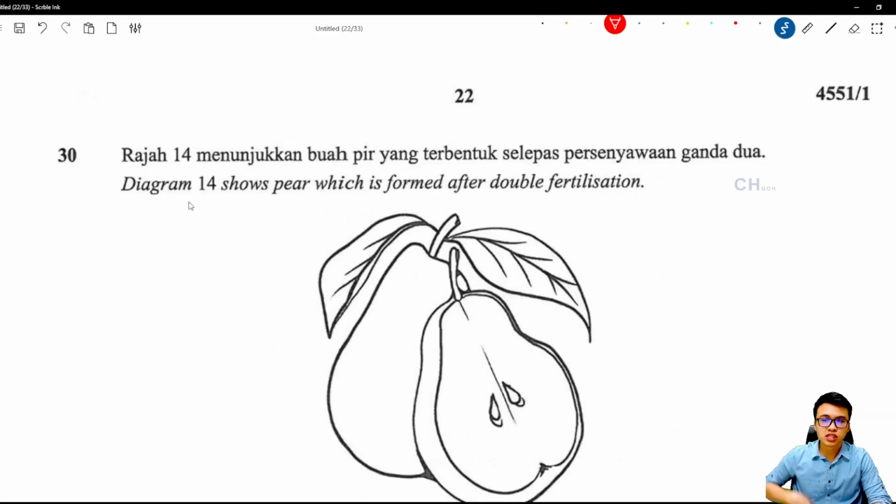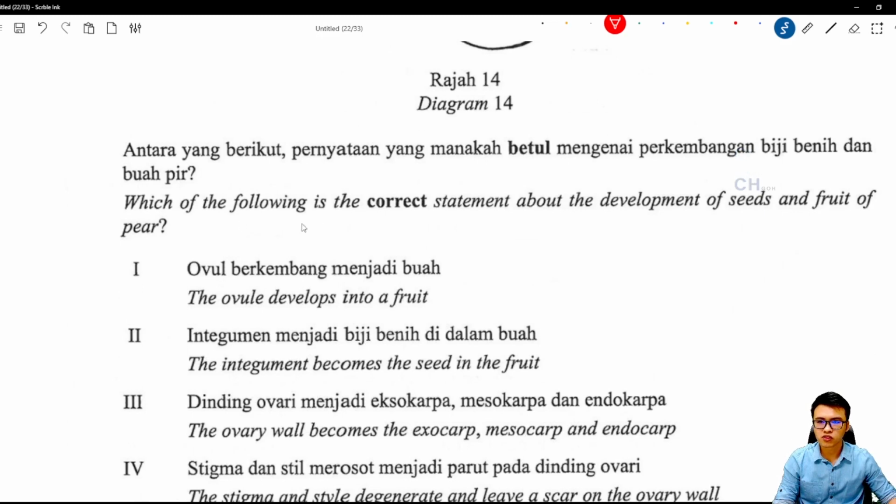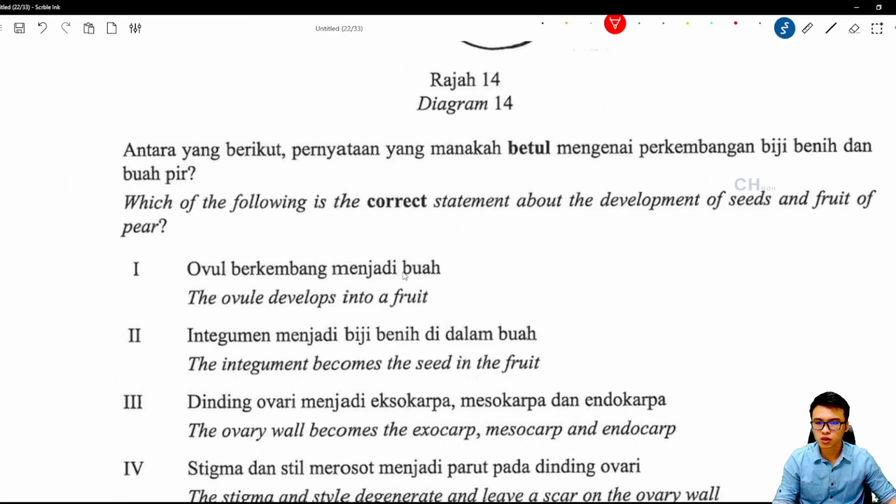Okay, let's look at question 30. Diagram 14 shows a pear which is formed after double fertilization. Which of the following is a correct statement about the development of the seed and the fruit of the pear? The ovule develops into a fruit.